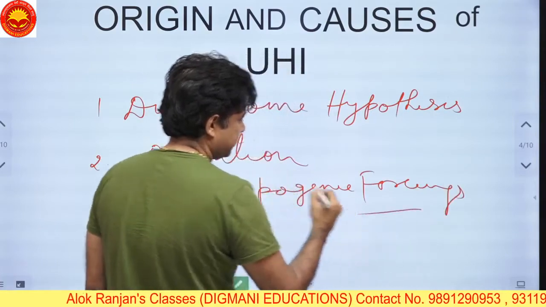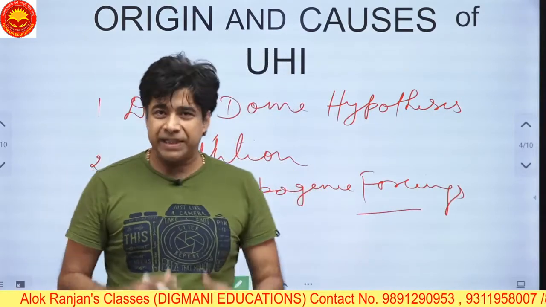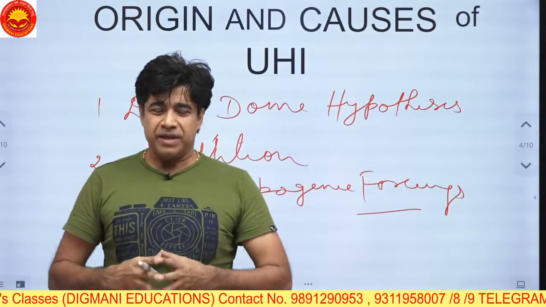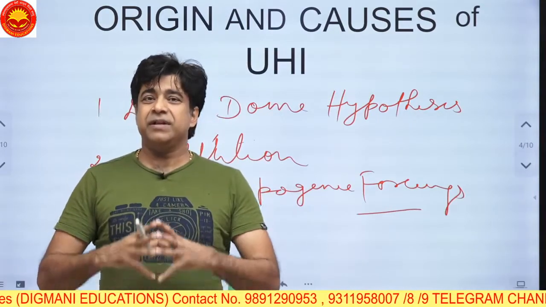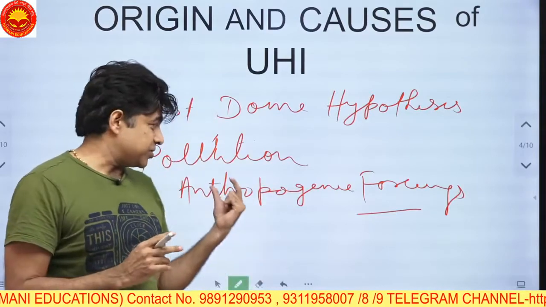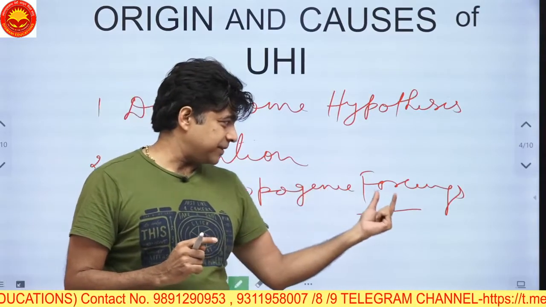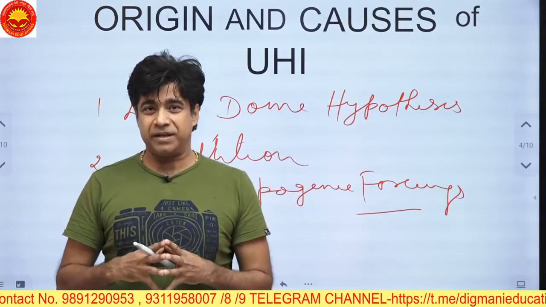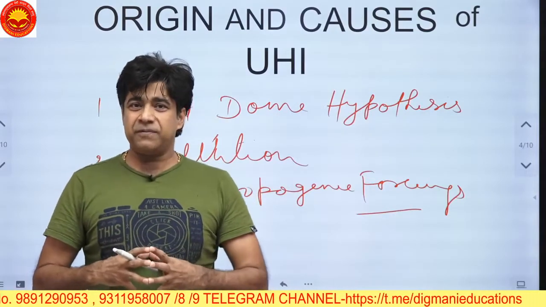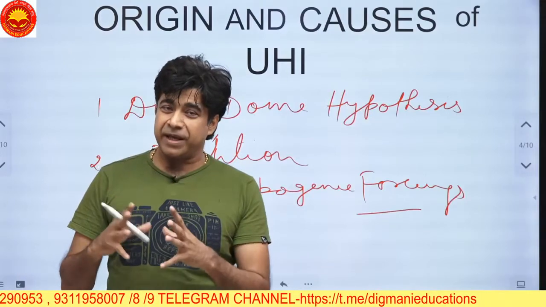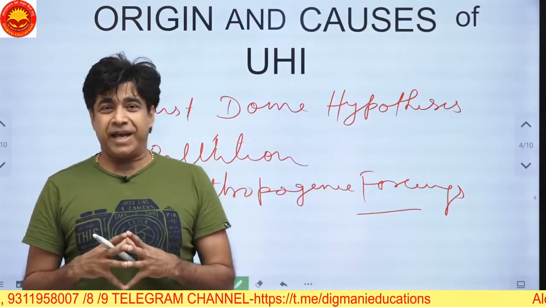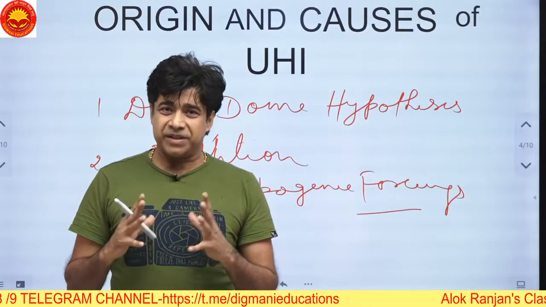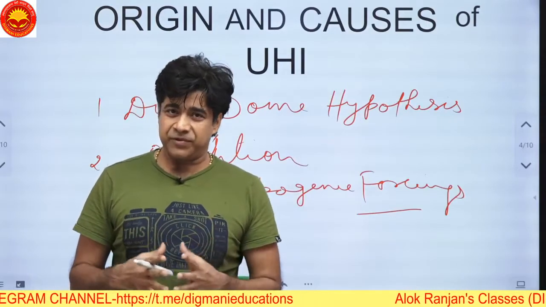IIT Kharagpur has published a paper recently, a few months back, which proclaims that it is the anthropogenic factors or forcings which are responsible for the formation of heat island. It has taken the case study of cities like Bangalore. Bangalore was once a kind of hill station. It was a very cool city, and there was no air conditioning, or even a fan required.